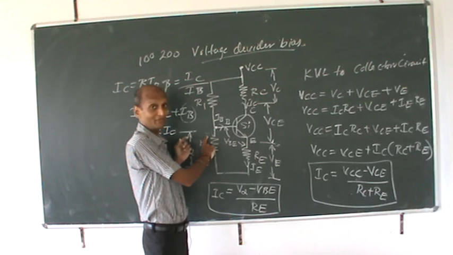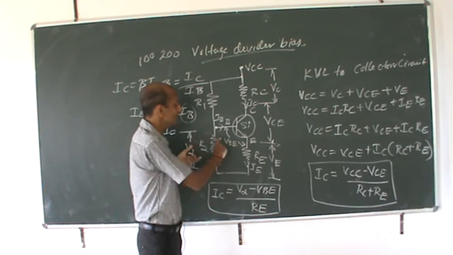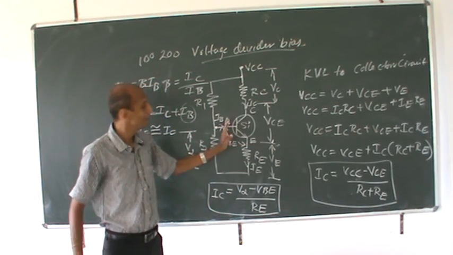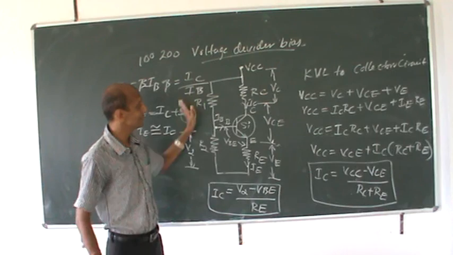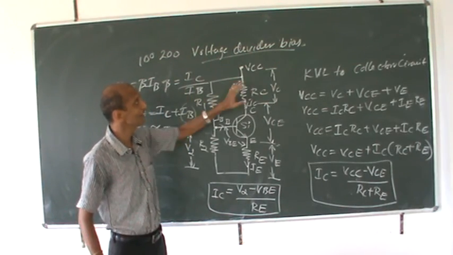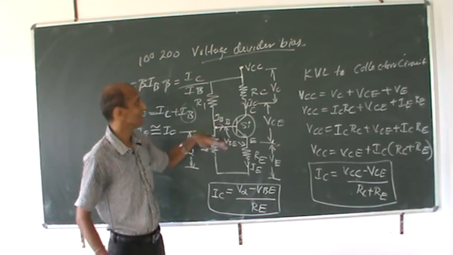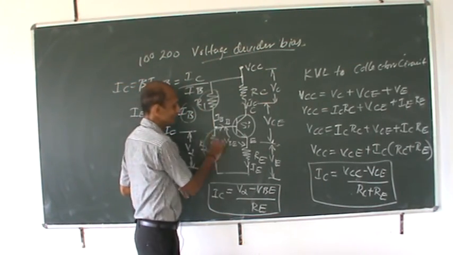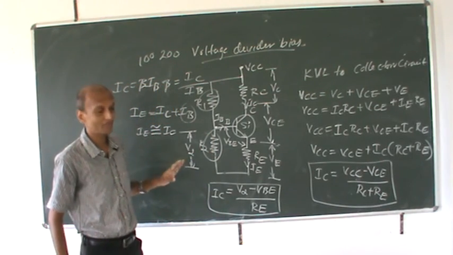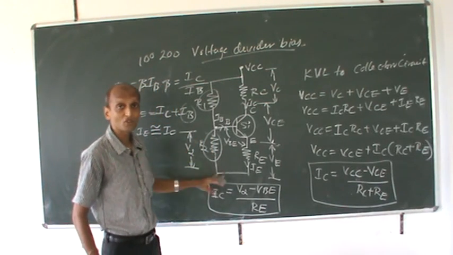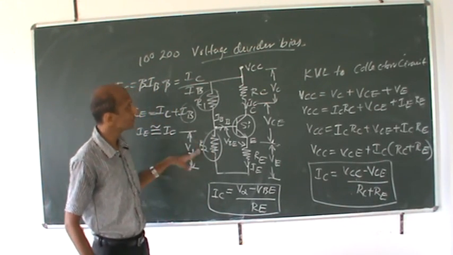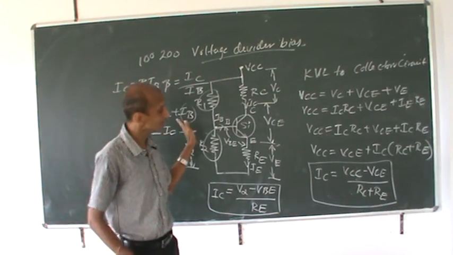This resistance voltage drop will bias the base to emitter terminal, and this is where we have the voltage divider bias, and the selection of these two resistances is very important in terms of the voltage drop required.